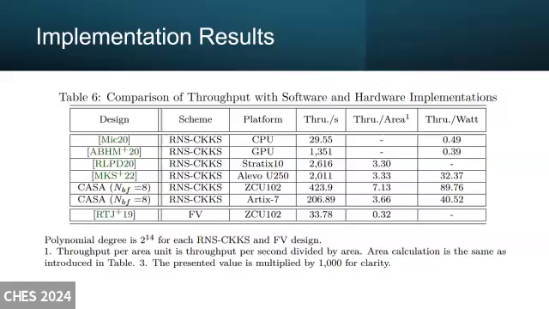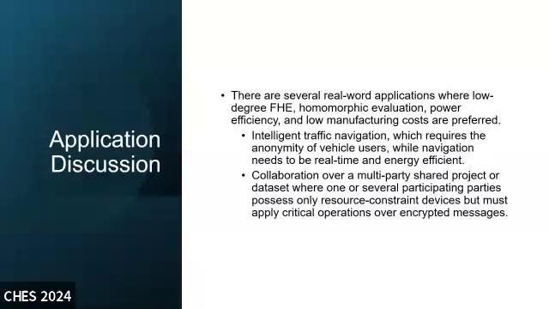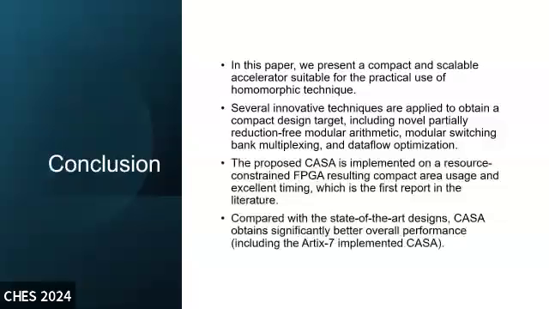You can see that both designs on different accelerators still achieve better performance than the others, okay? So we say that this is a compact accelerator, so it potentially can be used in many interesting applications, for example, small-size multi-party computation, or even smart vehicles, this kind of system.